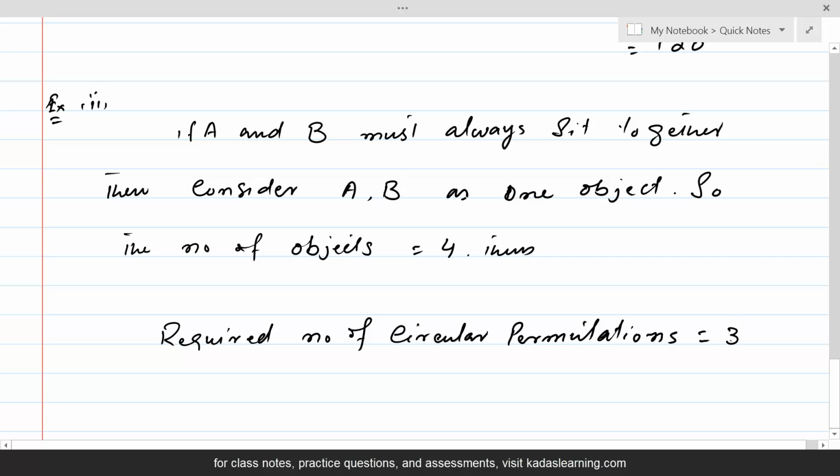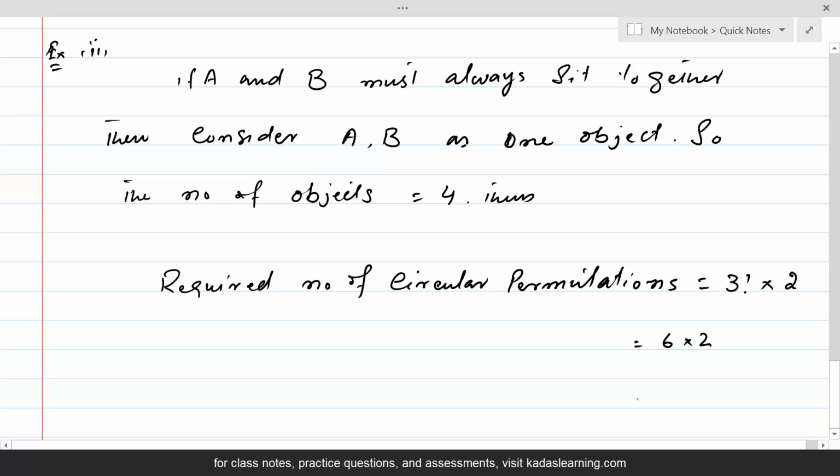So that would be 3 factorial. But because A and B can alternate their position while being together, like we can write AB or BA, that's why we will multiply this by 2. So this would be equal to 3 factorial means 6 times 2, which is equal to 12.